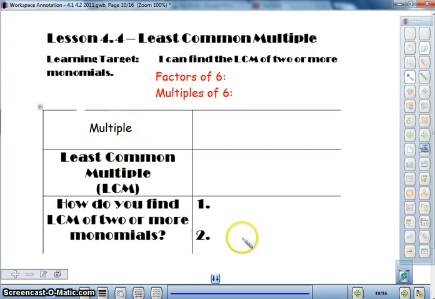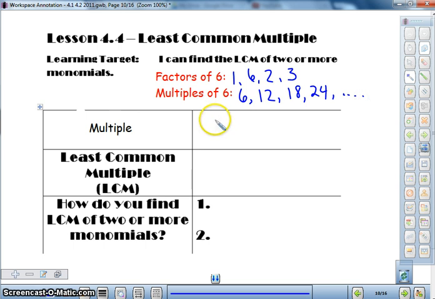What is a multiple? If we think of factors of 6, that was 1, 6, 2, and 3, always smaller. Multiples get bigger. Multiples of 6 are 6, 6 times 2 is 12, 6 times 3 is 18, then 24.